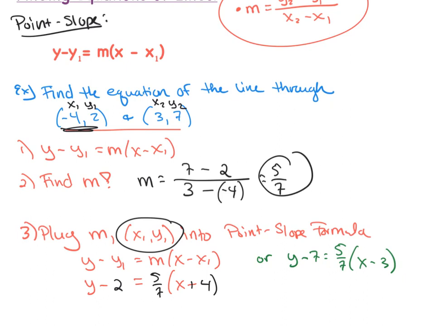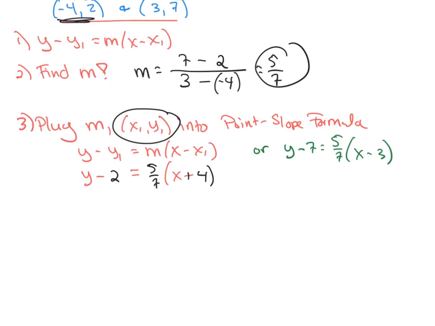Okay, so let's finish getting this in y equals mx plus b format. Distribute the 5/7 through, maybe making the x and the 4 over 1, both of them. So we have y minus 2 equals 5/7 x plus 20/7. And then adding 2 to both sides, 5/7 x plus 20/7 plus 2, which would be like terms with the 20/7.